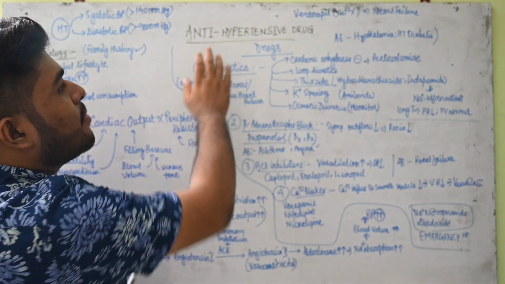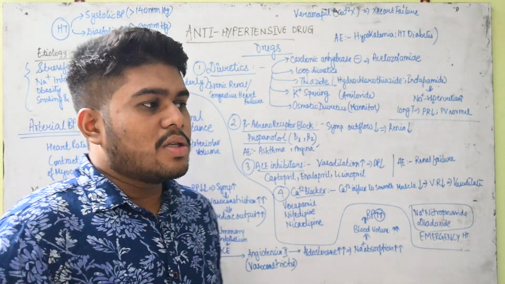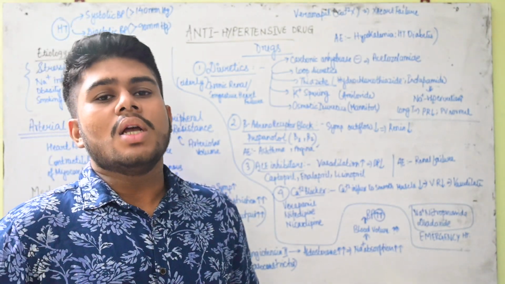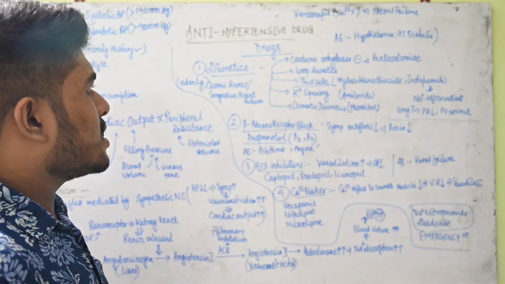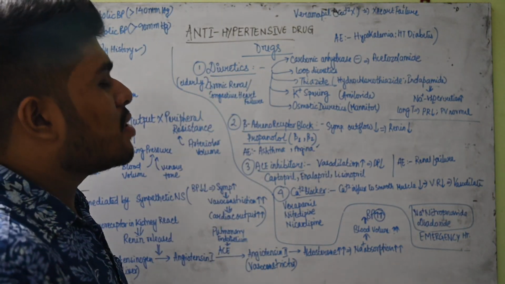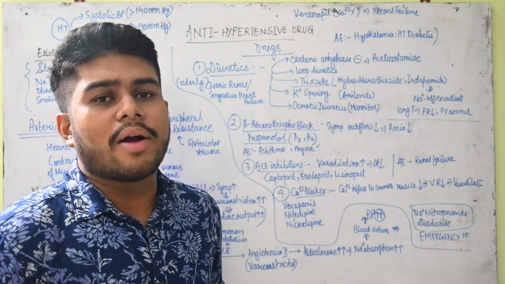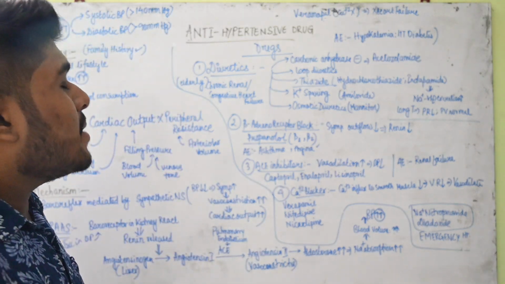Now we are coming to our main topic, that is anti-hypertensive drugs. But what happens if this system fails? That is a separate story that we will not discuss here. Here we will discuss what happens if, due to any reason, the pressure in the artery is increasing, that is, we are suffering from hypertension. So what can be the medicines applied?